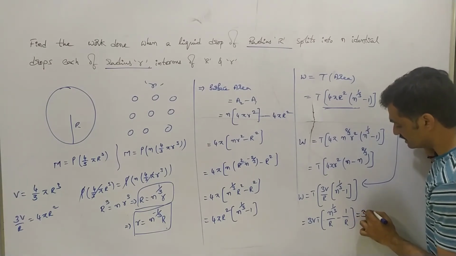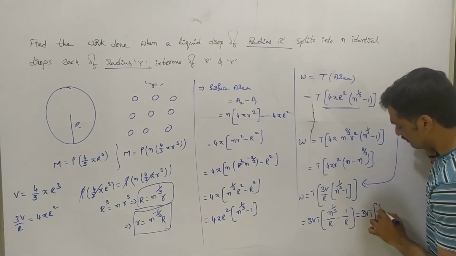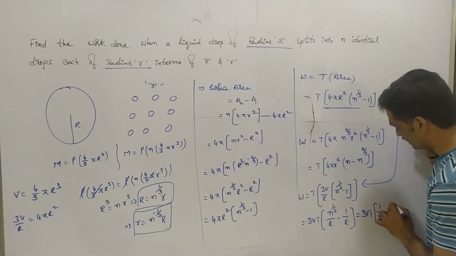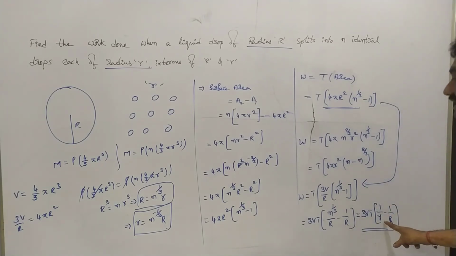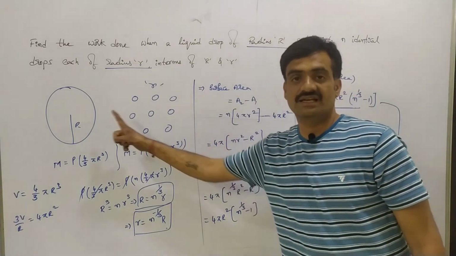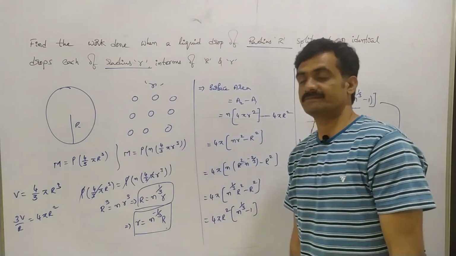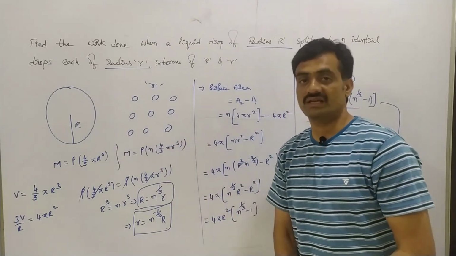So the expression is 3VT into 1 by r minus 1 by capital R. This is the amount of work done in terms of smaller radius and capital radius, initial and final.